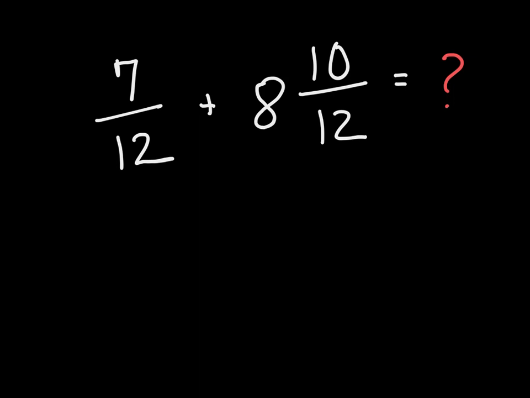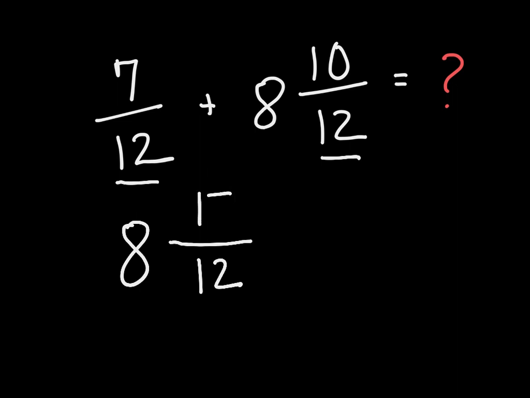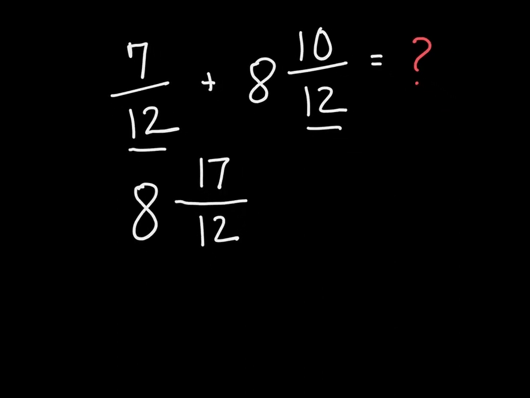7/12 plus 8 10/12. All right, so here we go. Let's take down that whole. Our denominator stays the same because our fractions are alike. And then our numerator is 17. Okay, so now we have another issue. We can't leave that improper fraction in there with that mixed number.